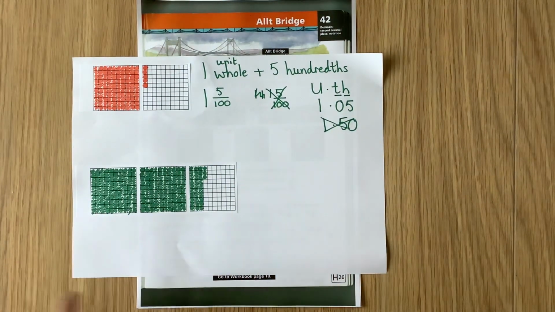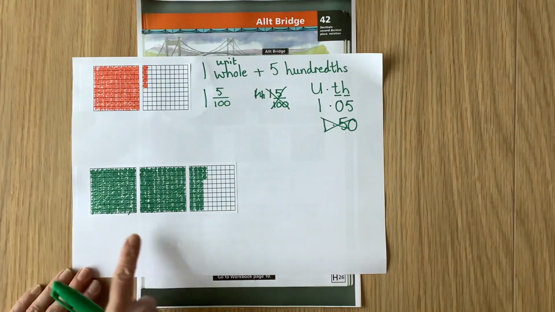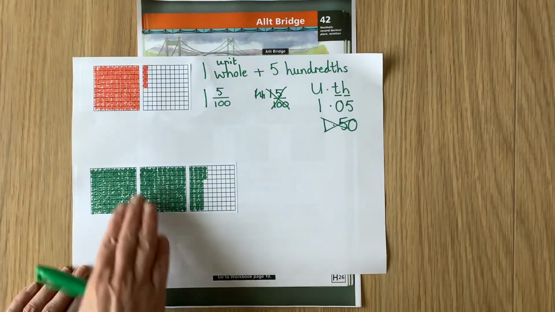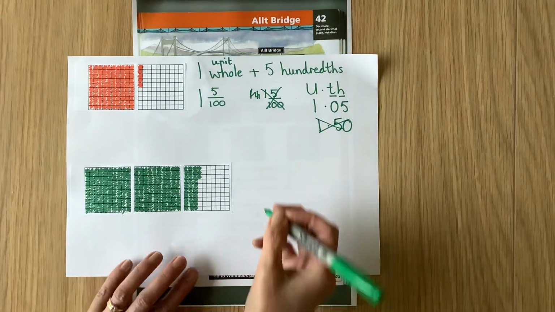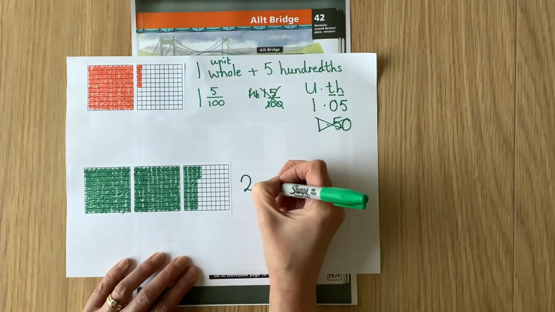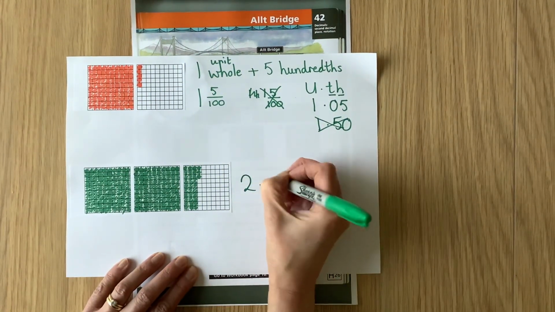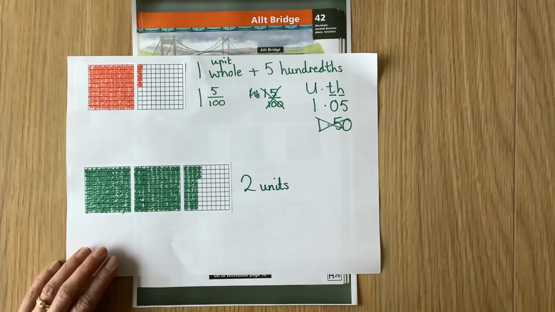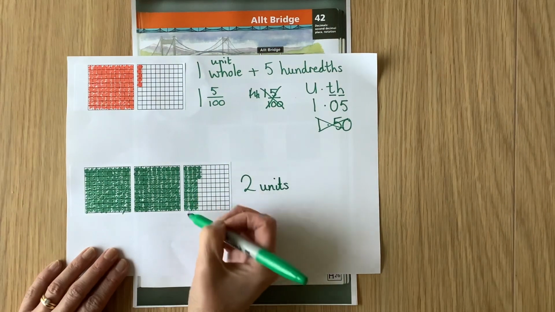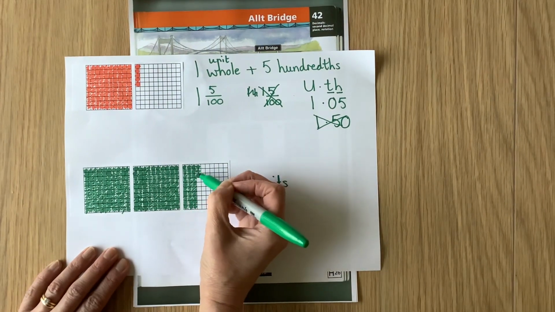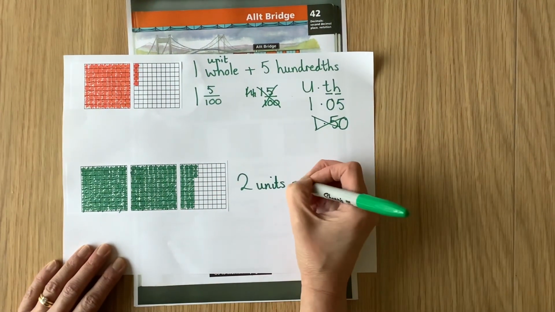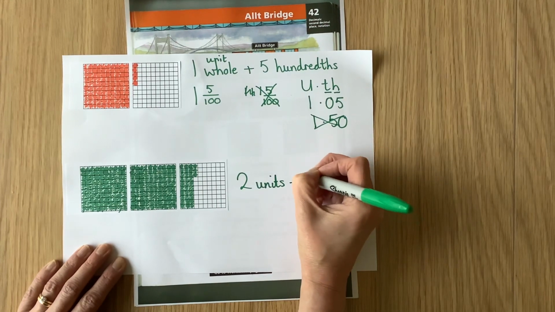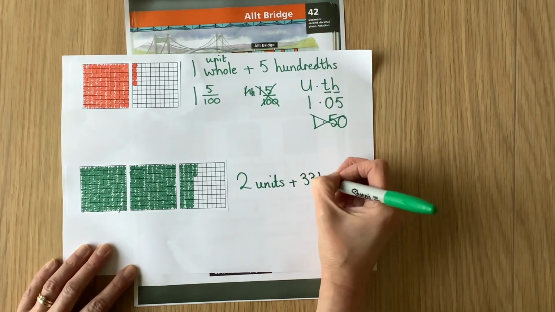Let's look at this one. The one that's been coloured in with green. What could we say about this? Well, how many full squares have been coloured in? Well, there's 1 and there's 2. So I could say that I've got 2 units or 2 whole squares. What's been coloured in this next one? Well, I can see that I've got 10, 20, 30, 31, 32, 33. So I can say that I have got 33 hundredths.